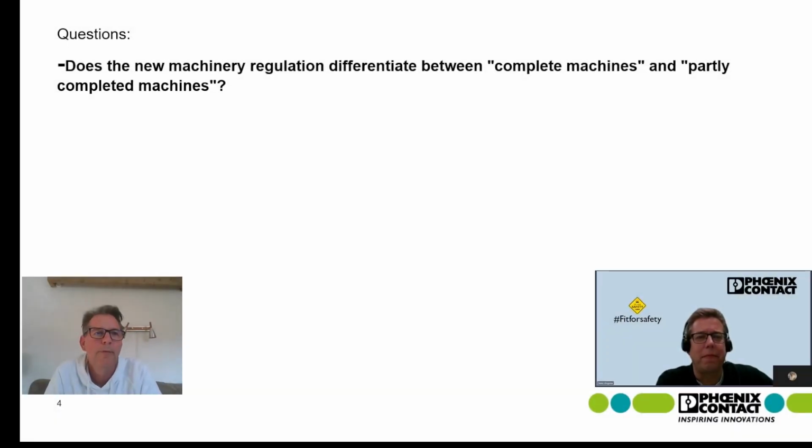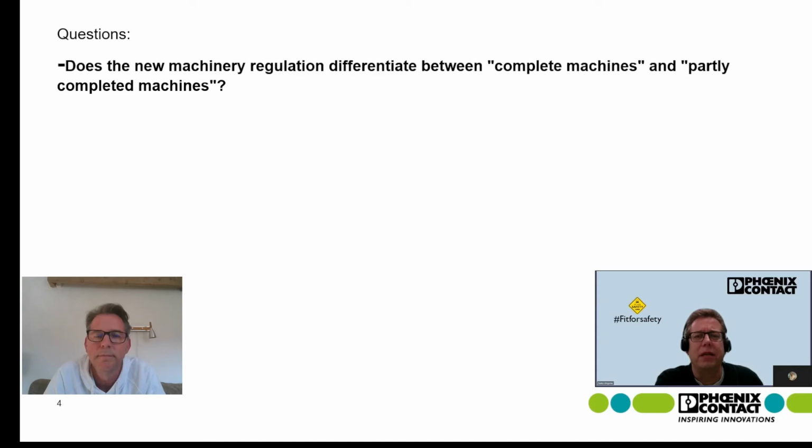So, next question, Carsten. Does the new machinery regulation differentiate between complete machines and partly completed machines? Interesting. Yes, both definitions are already known from the existing machinery directive.